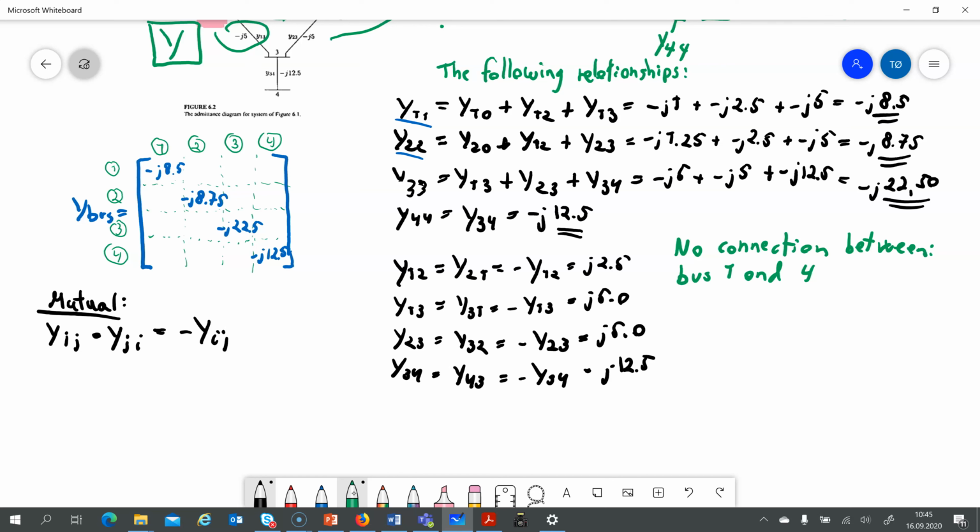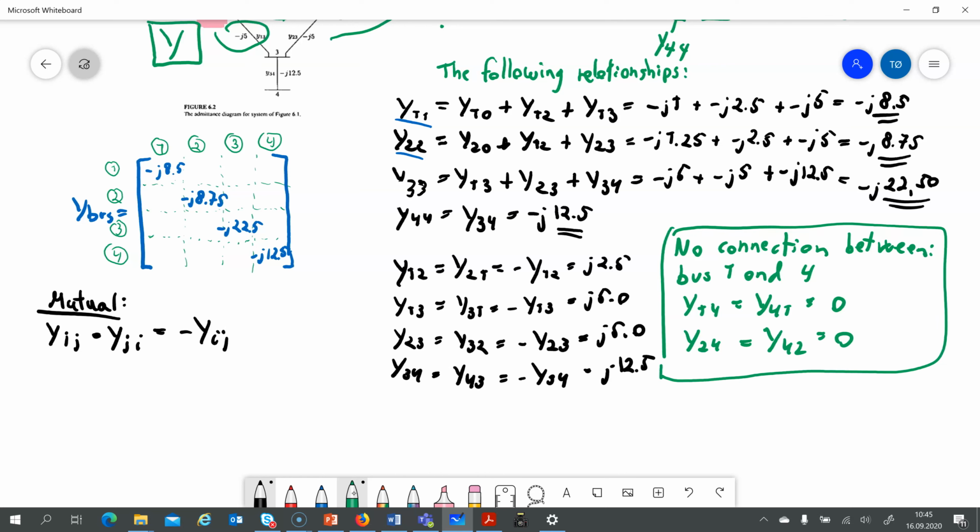So then you have y14 equal y41 equal 0. You also have that y24 equals y42 equals 0. So that means we will get quite many zeros in a larger system like this.